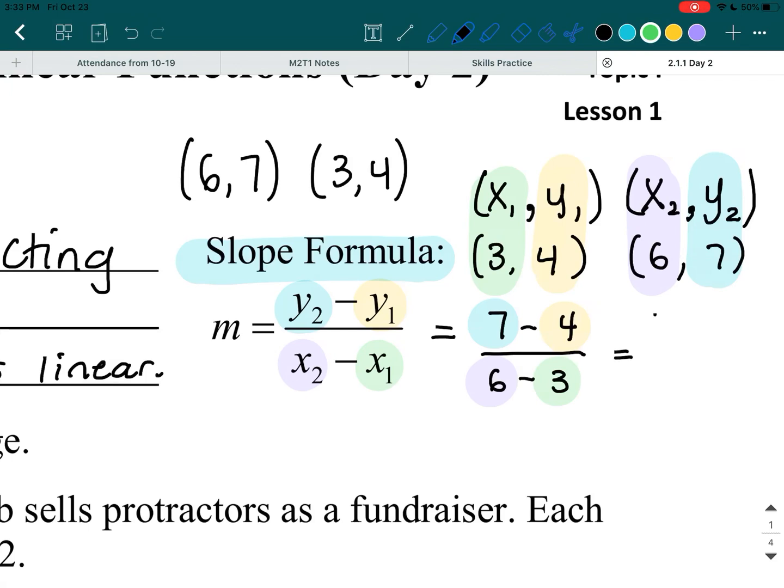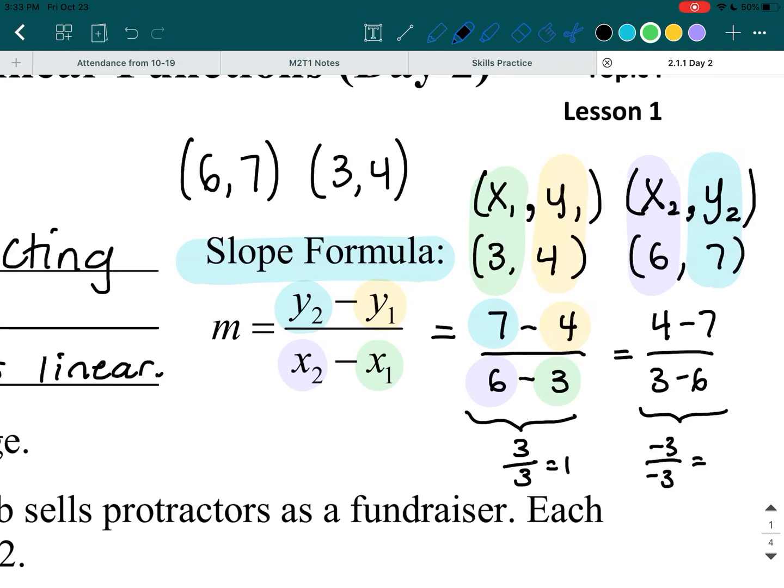If you were to plug this in the other way, it would have been 4 minus 7 over 3 minus 6. That is totally fine as well, because if you were to simplify it, this one becomes 3 over 3, which is 1. And the switched order becomes negative 3 over negative 3, which is still 1. So either way, you get the same answer.